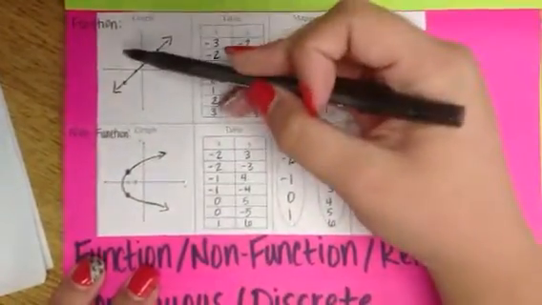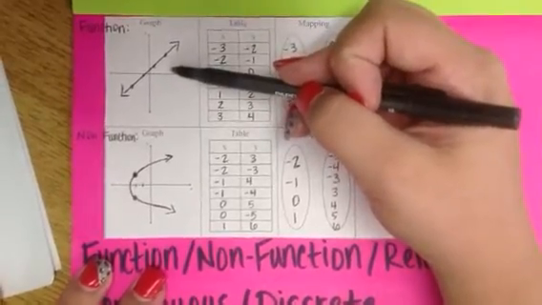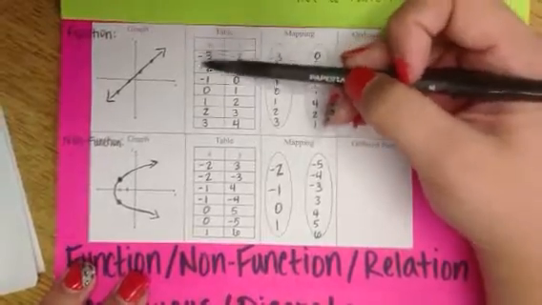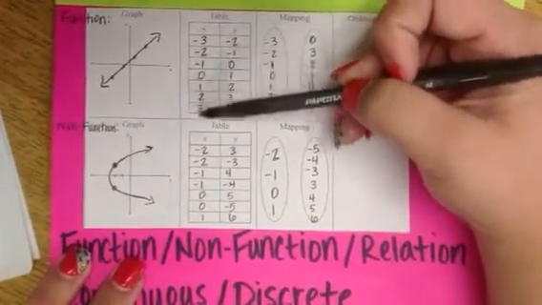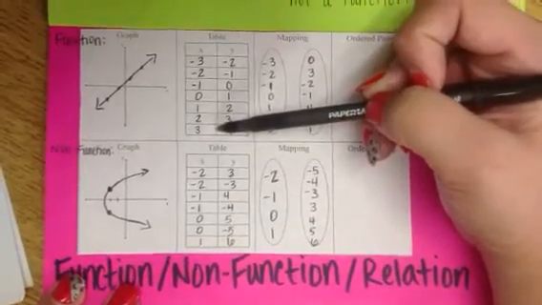So if I drew vertical lines, it would only touch at one point at a time. That is an example of a function. If you look at your table, notice none of these x values here repeat. That is also an example of a function.